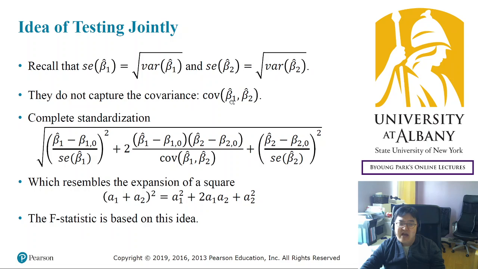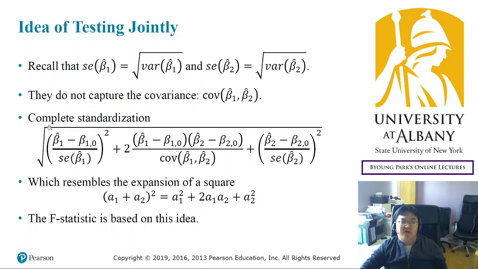In estimation of beta 1 and beta 2, the random errors can be correlated. For example, when beta 1 is overestimated, beta 2 may offset the overestimation by underestimating. So they may move together or move in the opposite direction. So the covariance is important and useful information, but that is not used in the standardization.